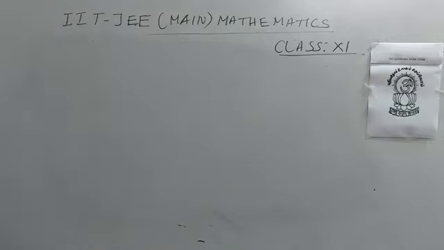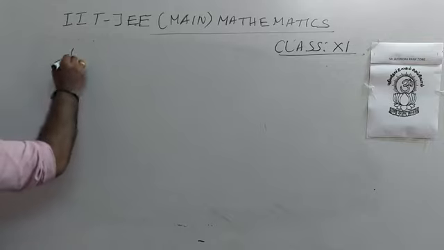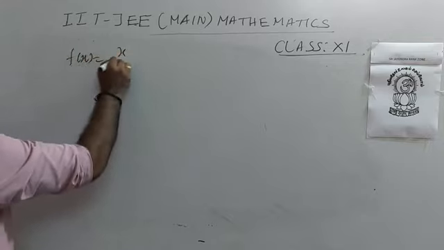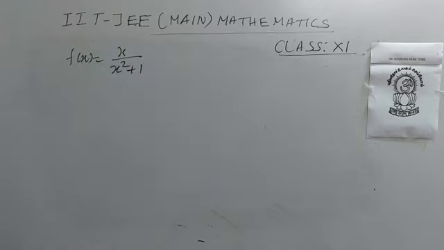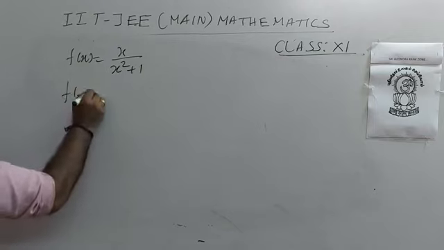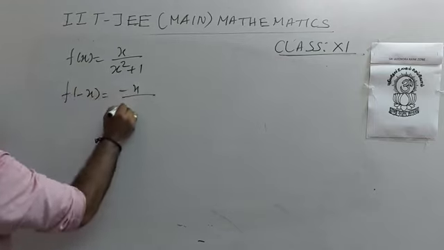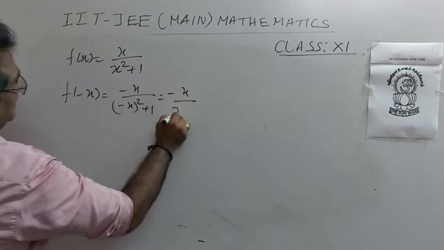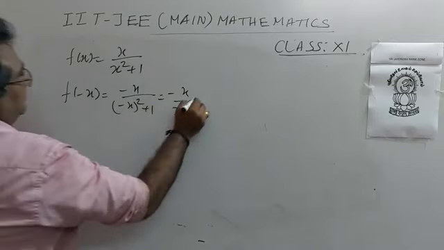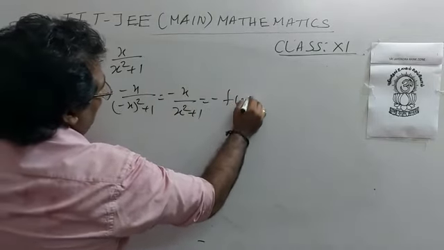So f of x equal to x by (x square plus 1). We have to check whether it is an odd function or an even function. We take f of minus x, that is minus x by ((minus x) whole square plus 1), that is minus x by (x square plus 1), equal to minus f of x.